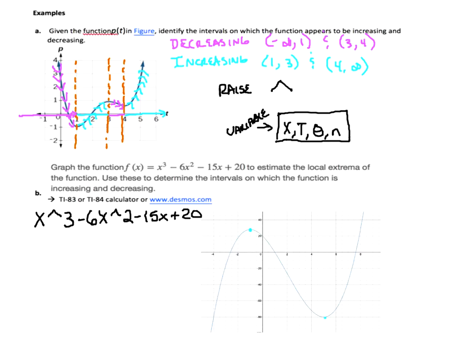So what we just figured out, let me turn my video off so I can write on my screen again. We just figured out that this point right here is the point negative 1, positive 28.